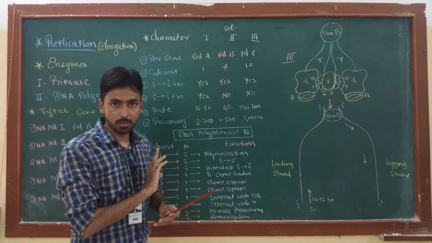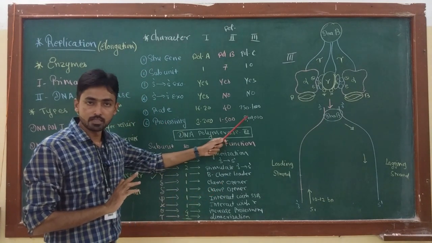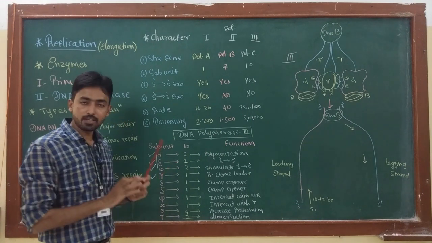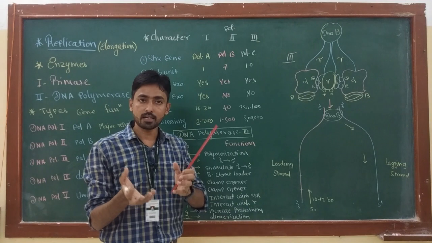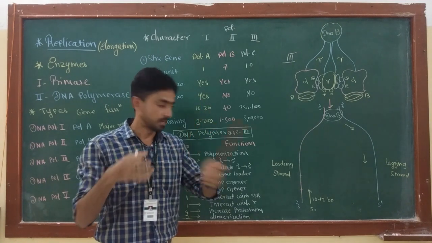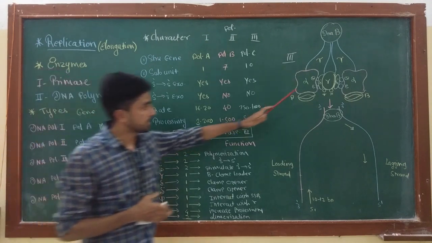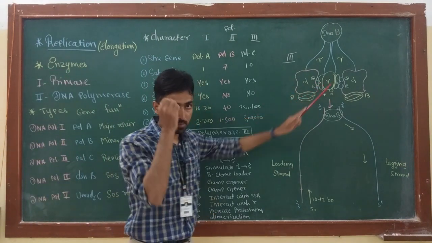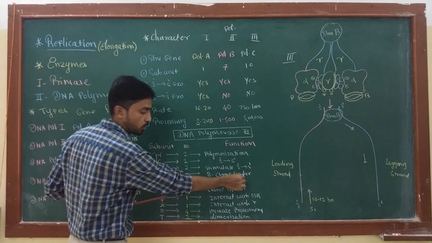And due to the beta clamp, the enzyme has a processivity of 5 lakhs. This beta clamp prevents the enzyme from falling off the template strand, and it is loaded on the template strand by the gamma subunit. Here you can see gamma. This gamma subunit is so called the beta clamp loader.